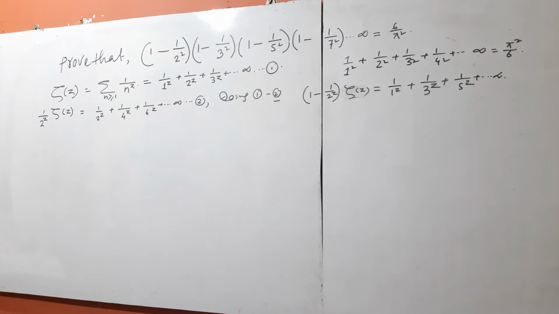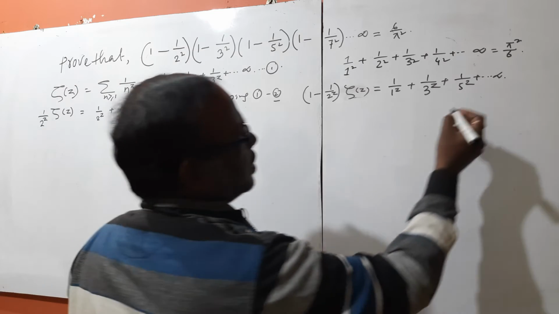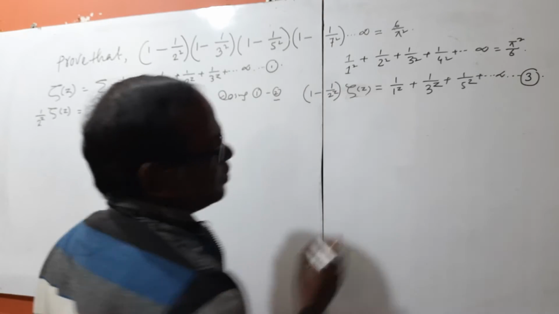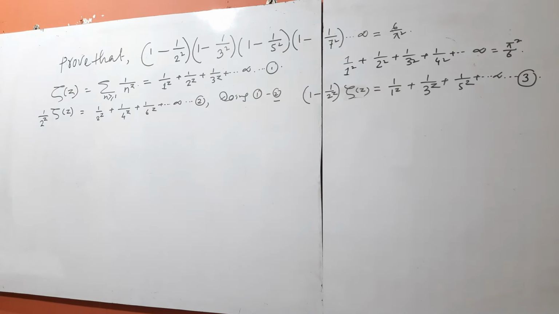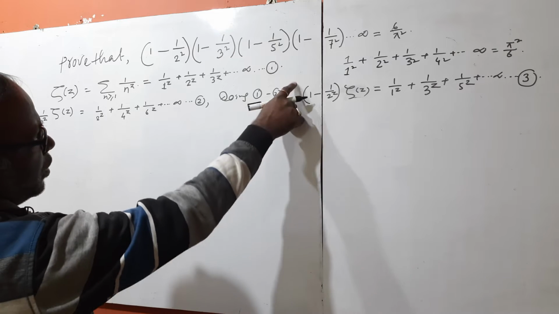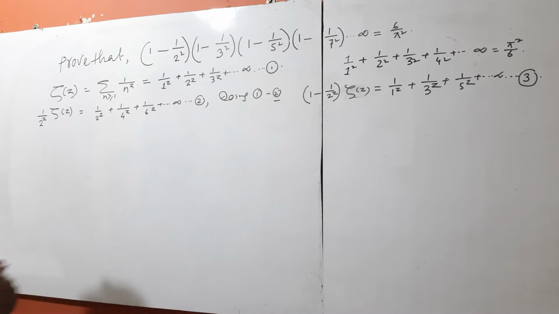Okay, again, if we multiply this factor by 3 to the power z, see here, this is equation number 3. So for that I want to get 1 by 3 to the power z, so multiply equation number 3 by 1 by 3 to the power z.